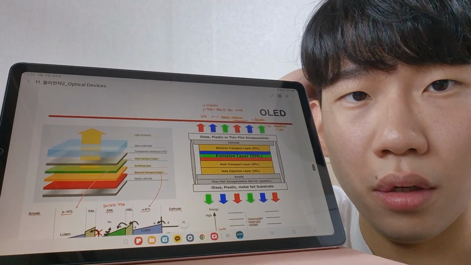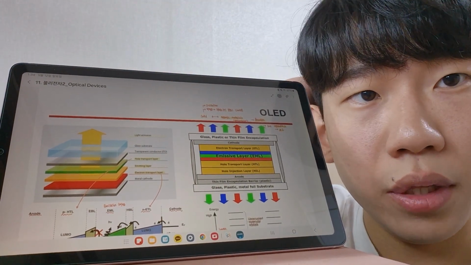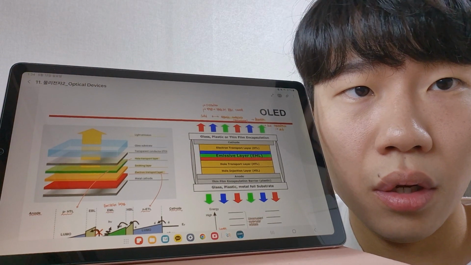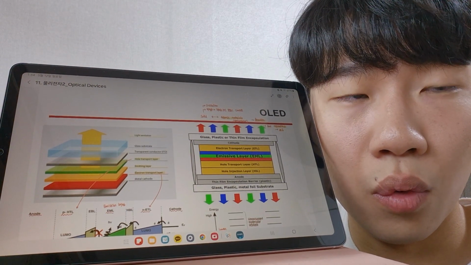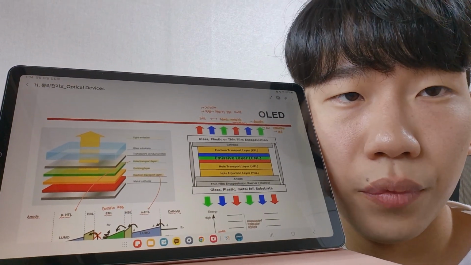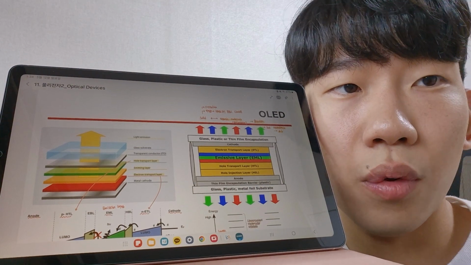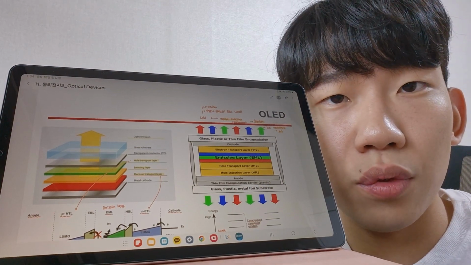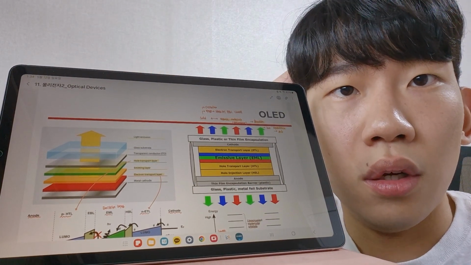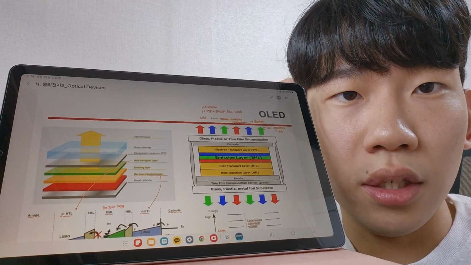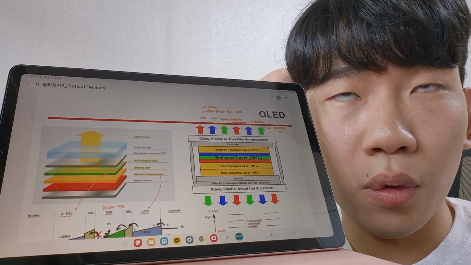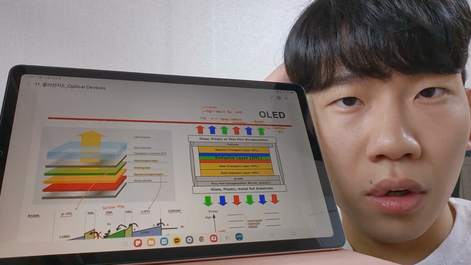Second, OLED. The O is for organic materials, and we use this LED as an organic semiconductor.